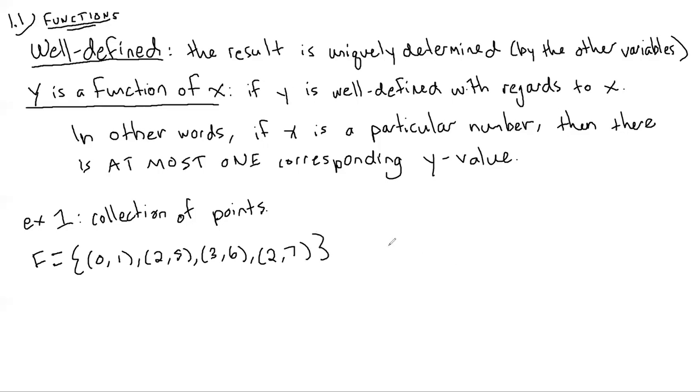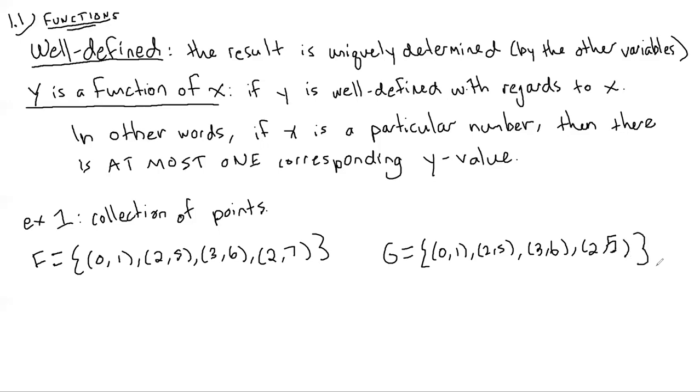That's the first one, and then I'll call this other one G. This is our set of points, and I'll do 0, 1, 2, 5, 3, 6, and 2, 7. Not 2, 7. I'm going to actually repeat 2, 5 here.